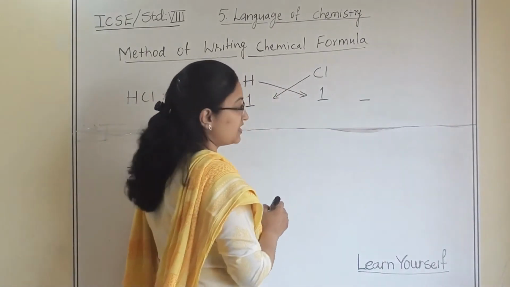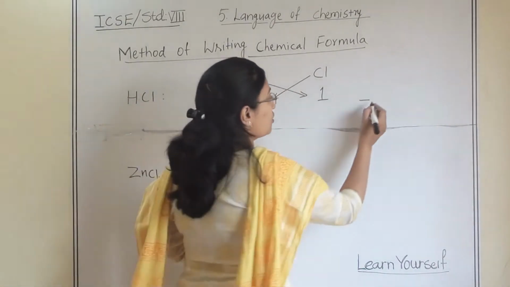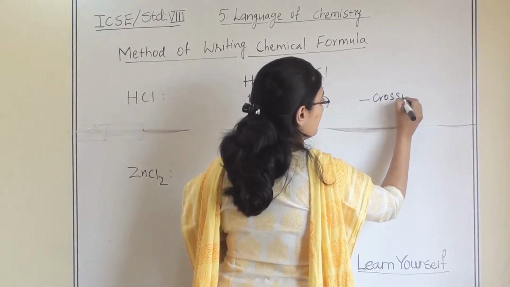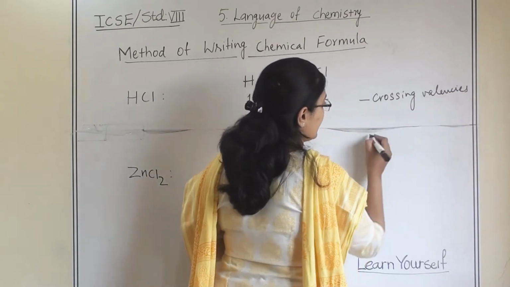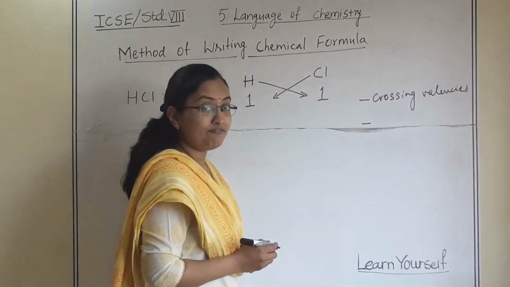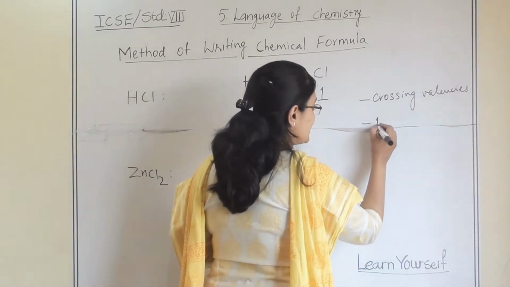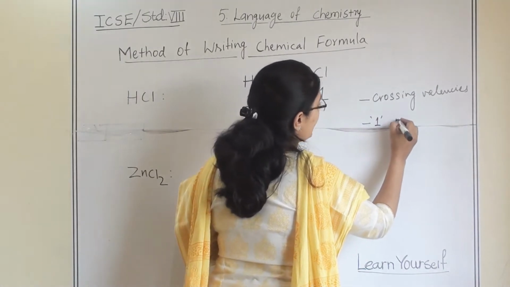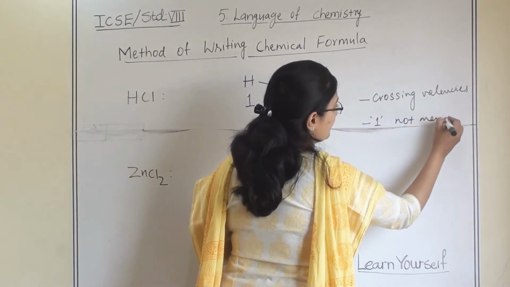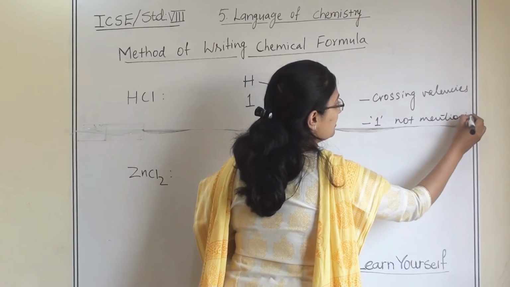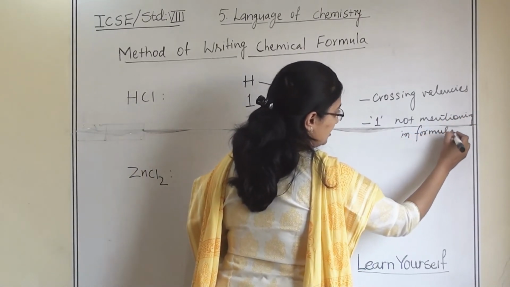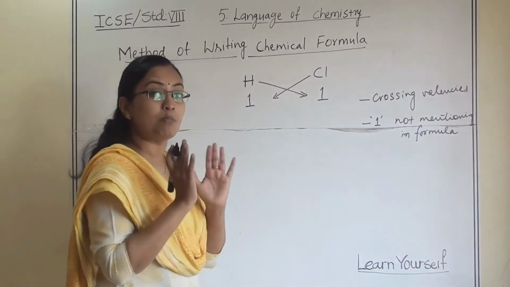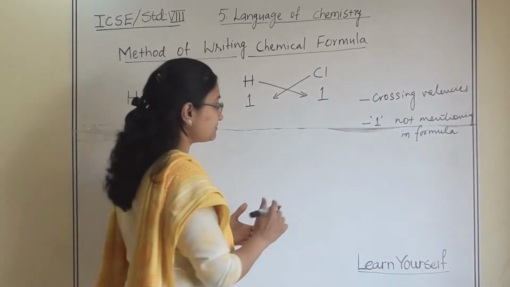There are rules. First one, that you are crossing valencies. Second, if there is a valency of one, then we are not mentioning it in the formula. If it is 1, then we are not mentioning that 1.